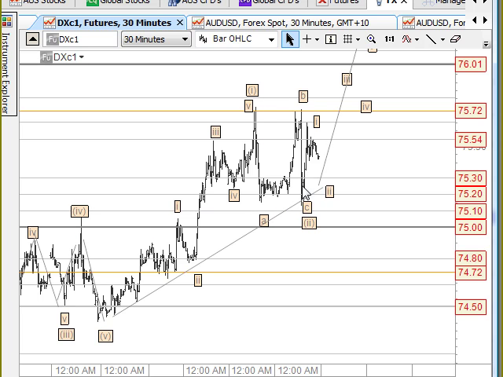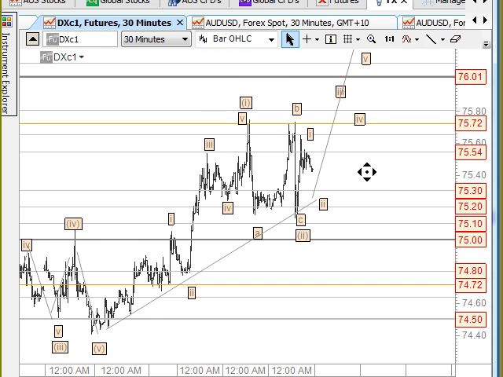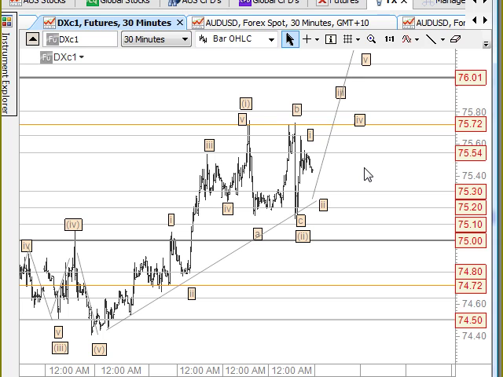So we'll look for this to be up for wave 1 here, back for wave 2 here, and then up for wave 3 here. So we're looking for the US dollar to get stronger, which in turn would make the euro weaker. But that doesn't really fit the picture.